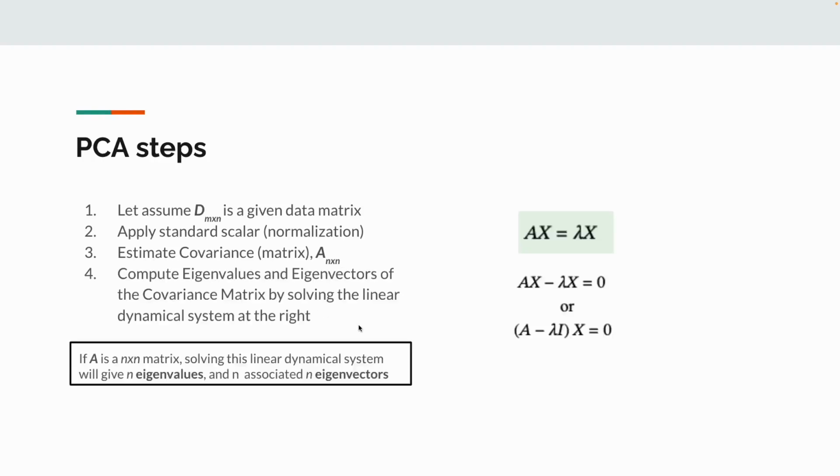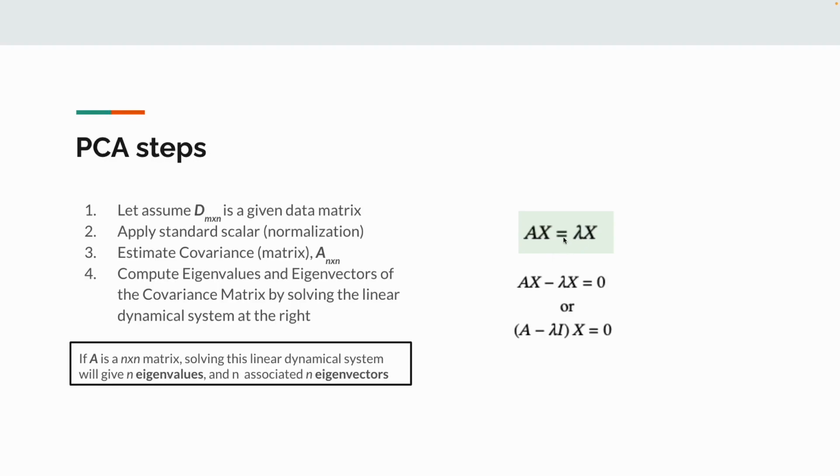Then you have to solve this linear system. A is your covariance matrix, x is an unknown quantity, and lambda is an unknown quantity. We will see through the examples what their size and shape look like, but you have to solve this linear system.